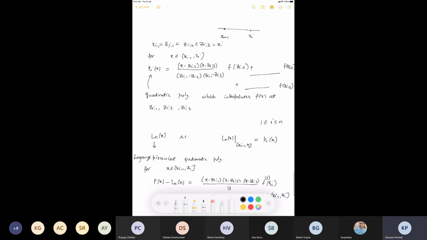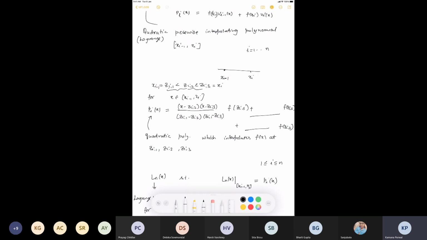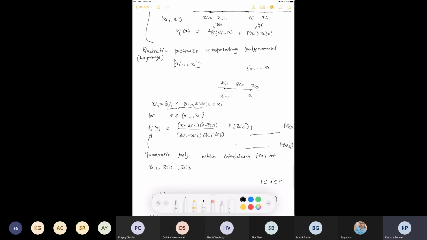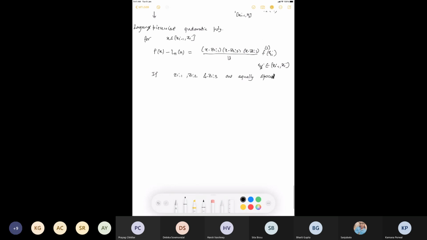Okay, and if these nodes z_i1, z_i2, and z_i3 are themselves equally spaced, and let's call the distance delta_i, so both distances are the same, then what will happen?